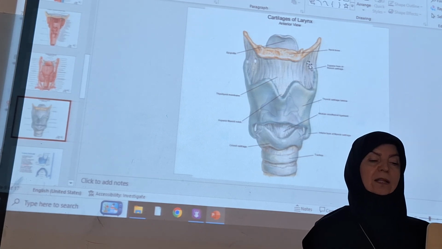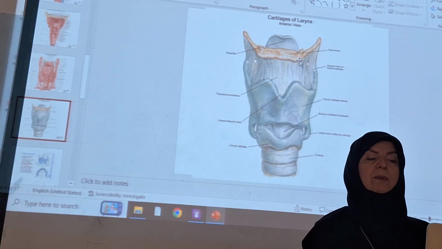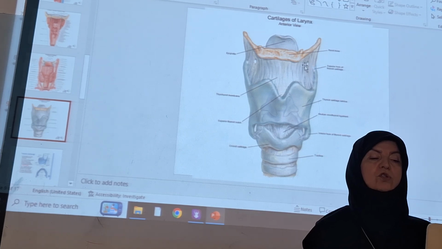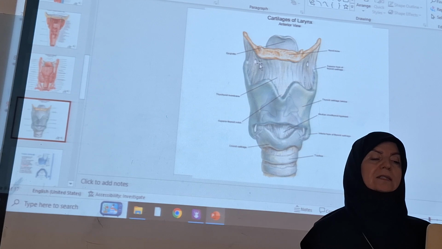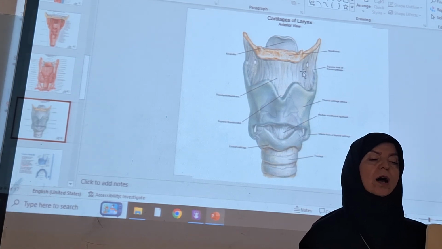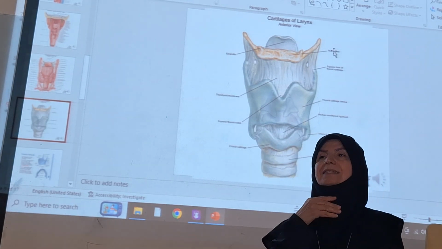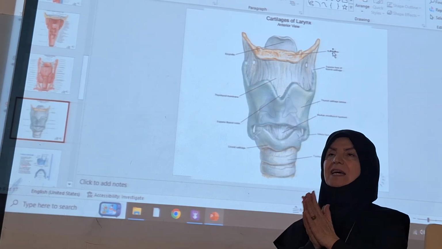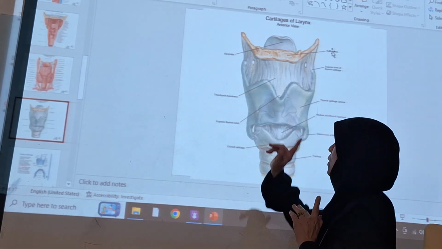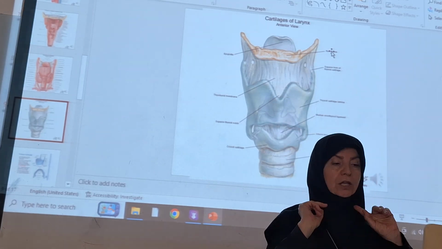On each side of the thyrohyoid membrane, we are able to show you a foramen. Through this foramen, some of the neuromuscular structures are passing, and it is important. In the last semester, one of the questions was about this foramen on each side.